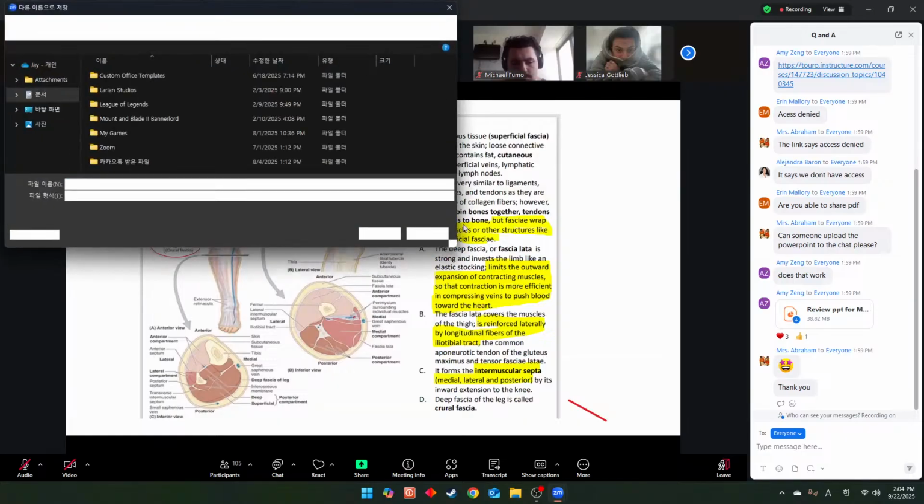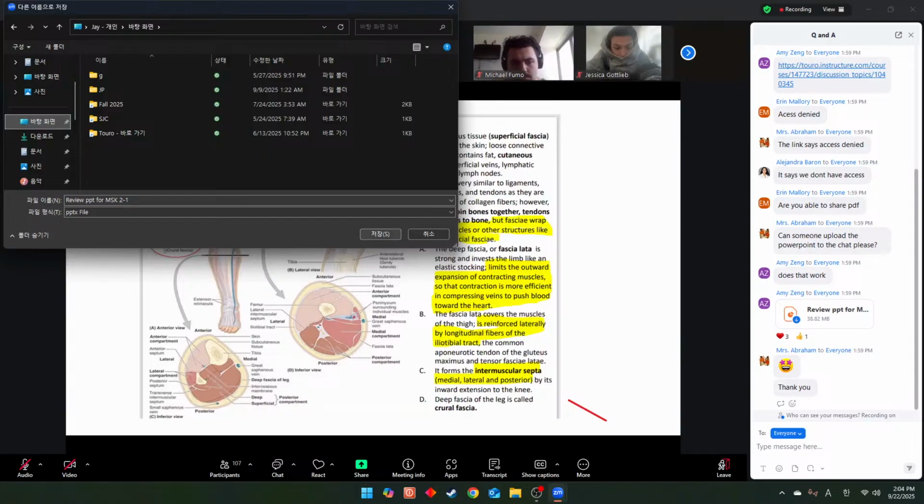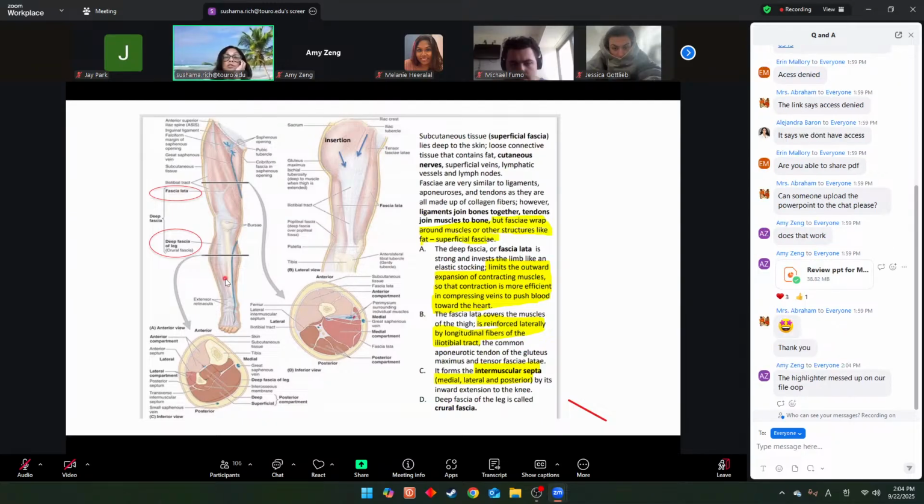In the thigh, the fascia is called fascia lata, L-A-T-A, because it's whitish looking and extremely dense. In the leg, it's called crural fascia. Both in the anterior and posterior aspects of the thigh, it's fascia lata. Both anterior and posterior aspects of the leg, it's called the crural fascia.